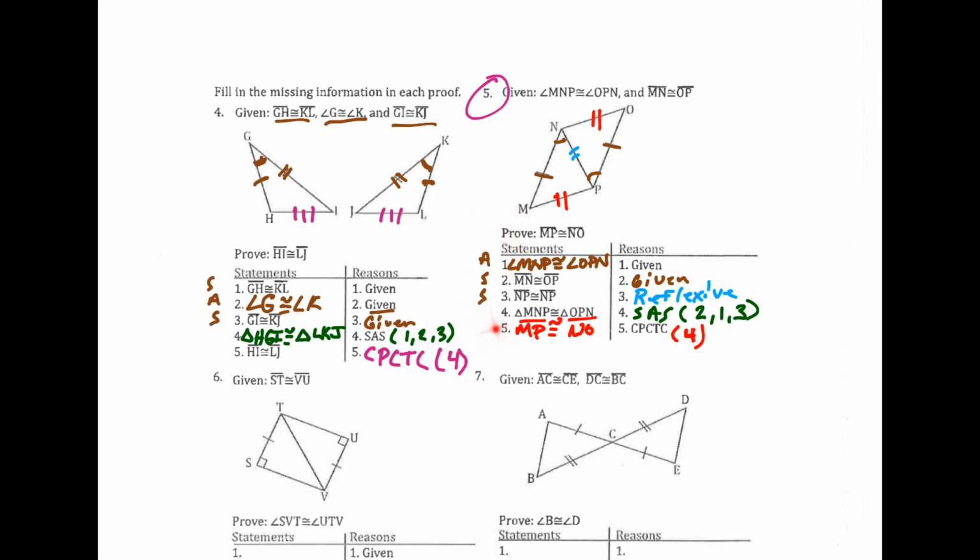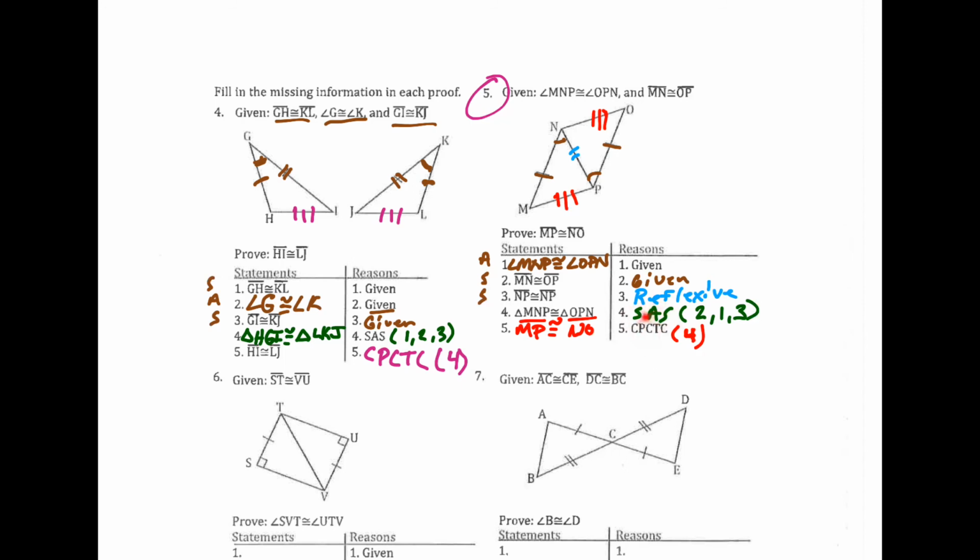And so, first of all, I know we see ASS here, and we know that ASS doesn't help us prove triangles are congruent, but remember the steps can be out of order, and that's okay. So if we look at our triangle, we have a side, and then we have an angle, and then we have a side. So the angle is in between the two sides, or touching the two sides. So therefore, this is going to be side, angle, side, and it's not in the format of angle, side, side.